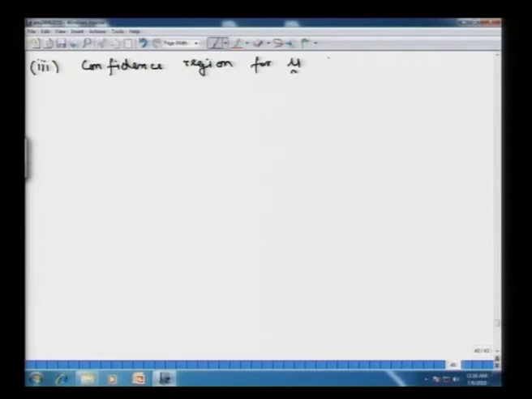Now this is what we have: x1, x2, ..., xn, a random sample from a multivariate normal N_m(mu, sigma), where sigma is a positive definite matrix. So we are interested here in giving a confidence region for the unknown mean vector, that is mu. Now how are we going to do that?